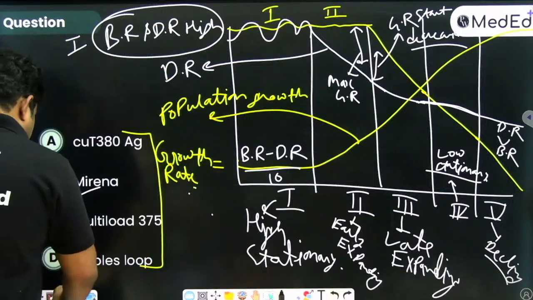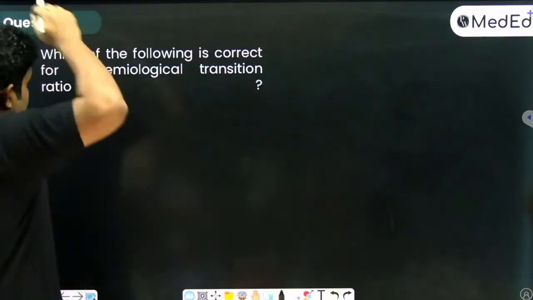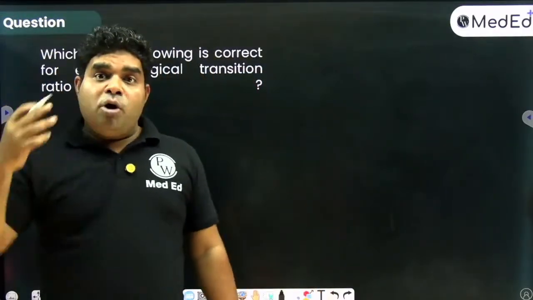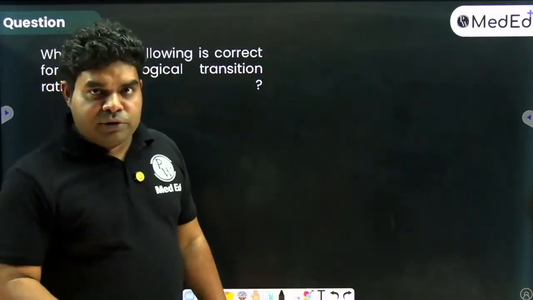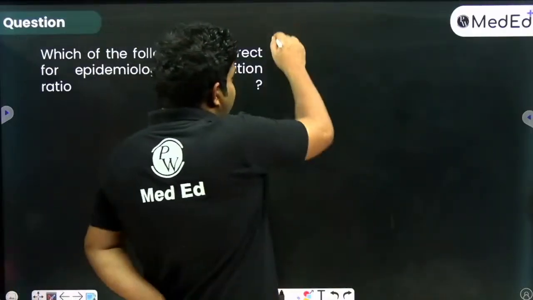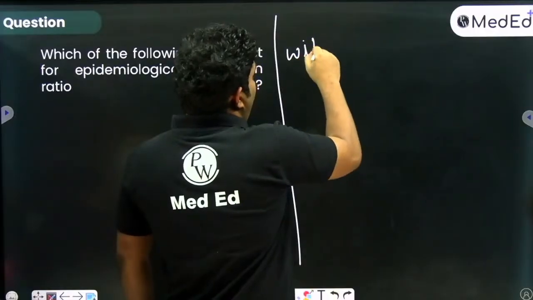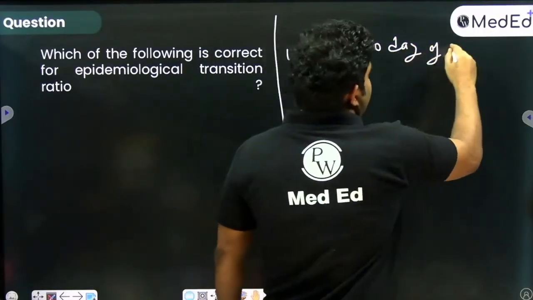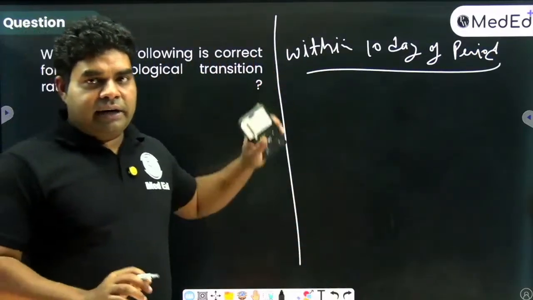Now, from the IUCD part, they are asking this question again and again. What is the time of insertion of IUCD? What is the last time at which we can insert IUCD? What is the first time at which we can insert IUCD? So the best time of insertion of IUCD is within 10 days of period. Because within 10 days of period, there is no chance of pregnancy and the cervix is also dilated, so you can insert it there.